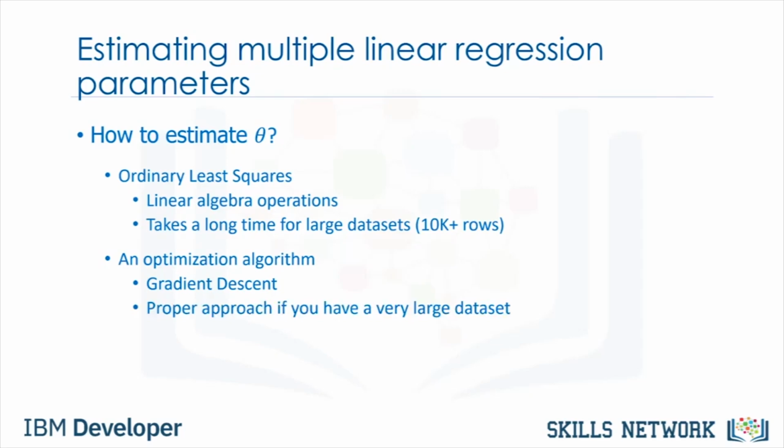Gradient descent is a proper approach if you have a large data set. Please understand, however, that there are other approaches to estimate the parameters of multiple linear regression that you can explore on your own. After you find the best parameters for your model, you can go to the prediction phase.